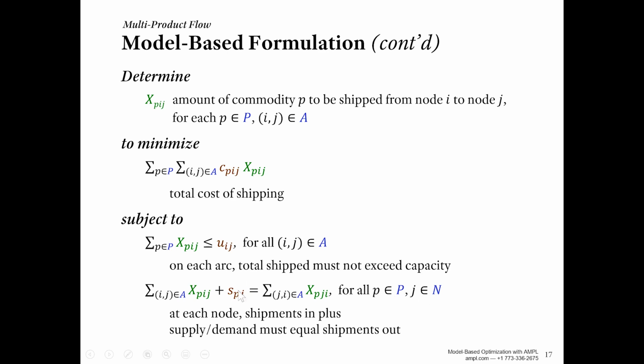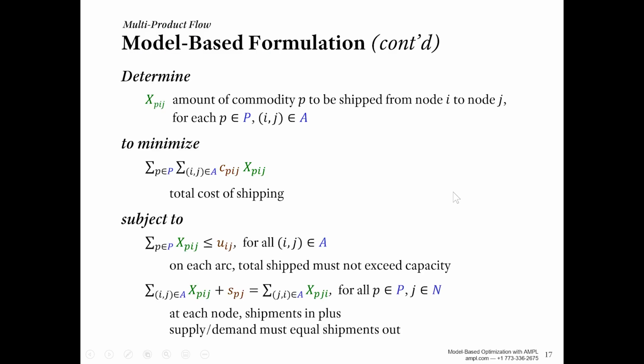So the supply is positive and demands are negative. And so even if in this short talk I can't go through and explain these in great detail, you can see that these are simple equations that relate amounts shipped to things like supplies and shipping limits and costs. So it's just simple equations that I've written down to describe this. Okay? And that's it. Now I've got my model.